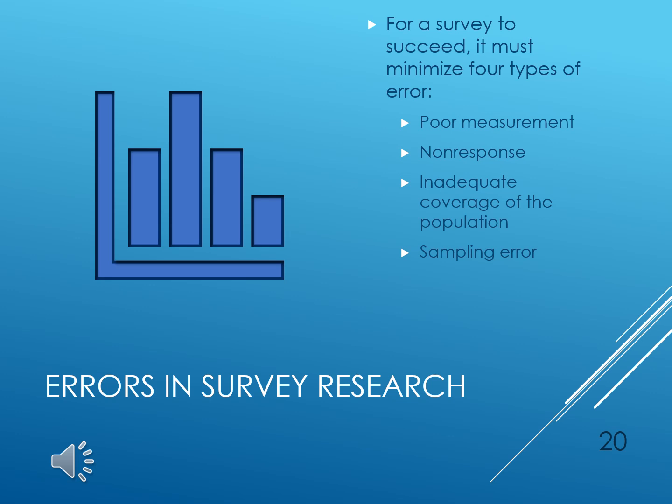Inadequate coverage of the population is when a poor sampling frame can invalidate the results of an otherwise well-designed survey. And then we have sampling errors that occur in the process of collecting these surveys from respondents.